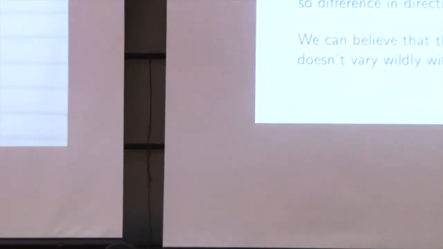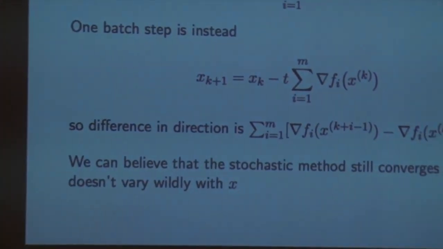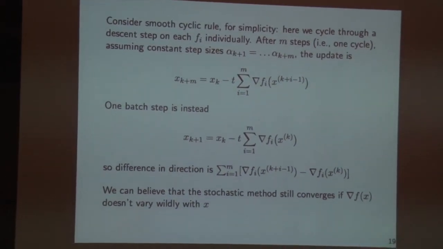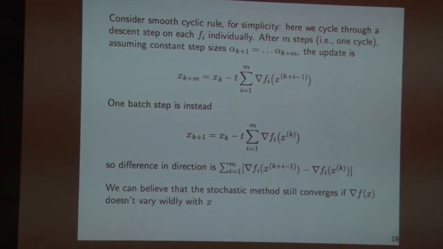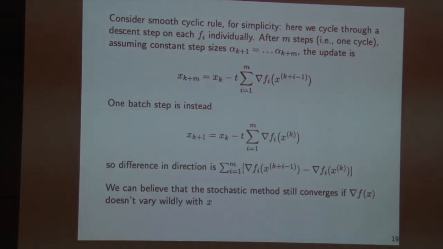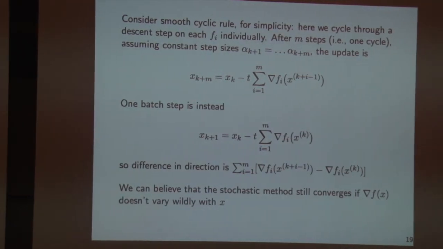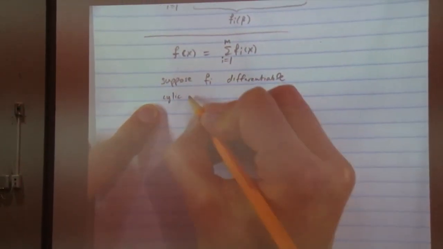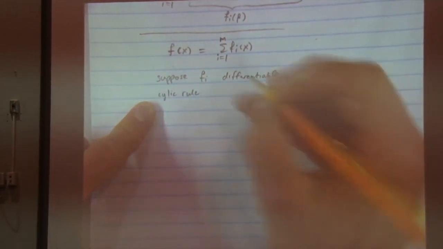Let's do a very rough calculation in the case of differentiable functions. So let's suppose that each fi is differentiable for now. And I'm going to try to convince you, from the perspective of just writing out the stochastic steps, that we might believe that we do get the same efficiency as 1 batch step after m stochastic steps. So just like I said, a really rough calculation. And let's suppose we use the cyclic rule, and we're going to take a constant step size t.